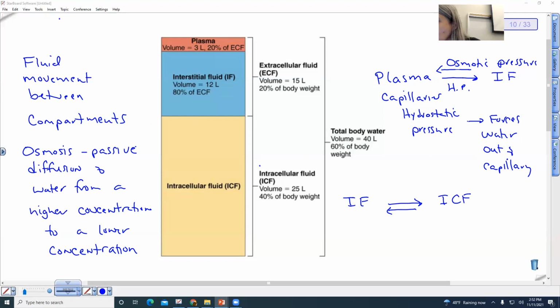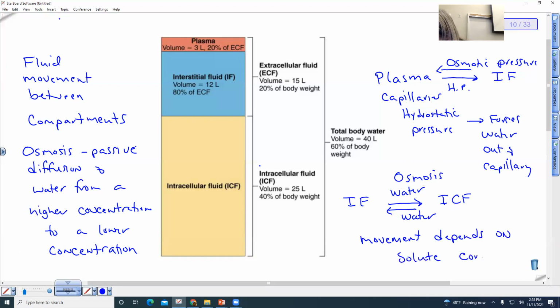And so water can move back and forth across plasma membranes by osmosis, specifically the diffusion of water. And that movement of water depends upon the solute concentrations from the interstitial fluid to the ICF.